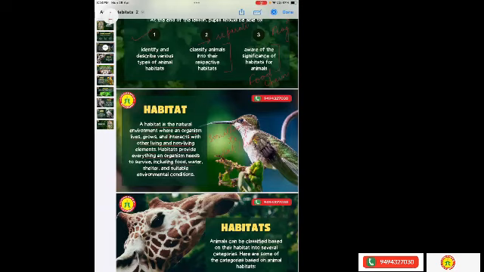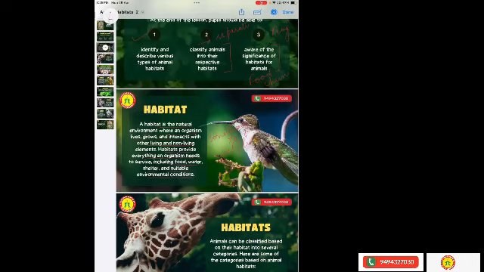Whatever they need will be provided by the habitat. A habitat is a natural environment where an organism lives, grows, and interacts with other living and non-living elements, and it provides everything to the organism such as food, water, shelter, and suitable environmental conditions.